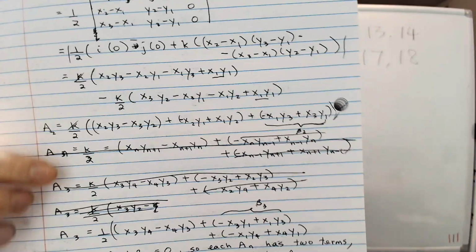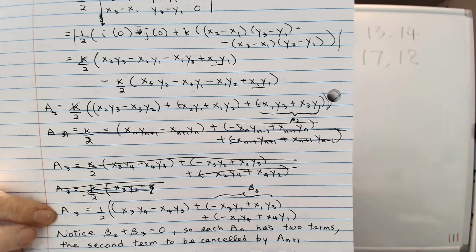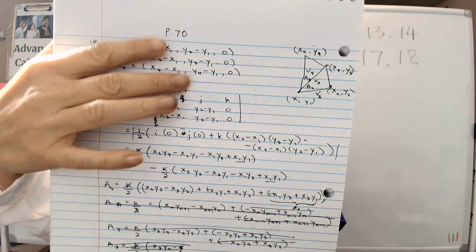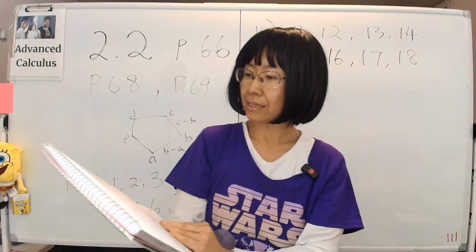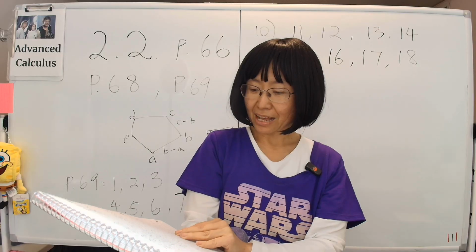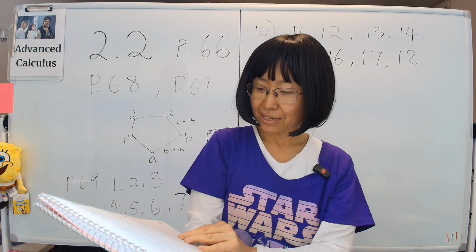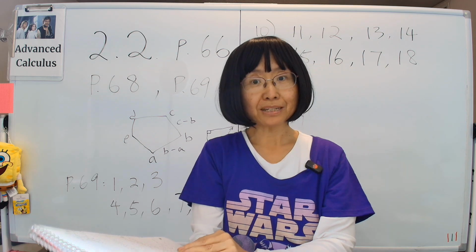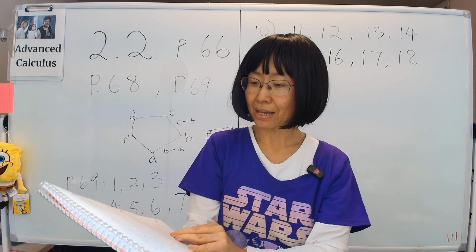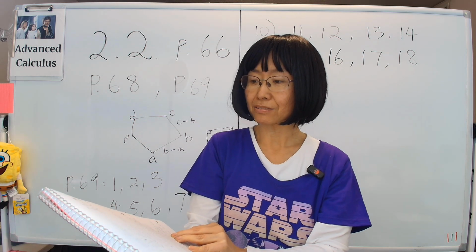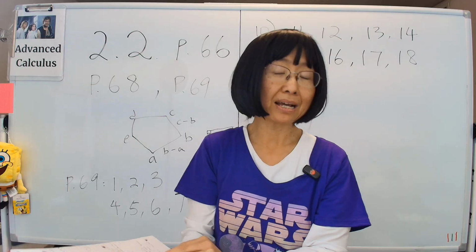Now the next thing is we need to write down A3, the area for the next triangle. When you write that down, at first I got confused, but you can follow the same pattern as long as you're doing the right pattern. Remember, everything goes back to subtracting. You have to subtract by x1, y1.